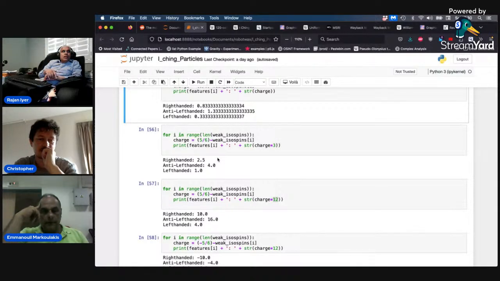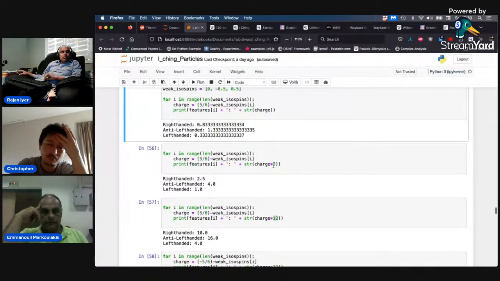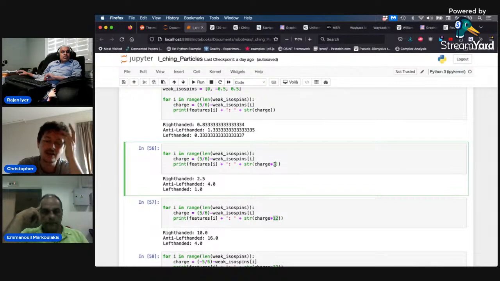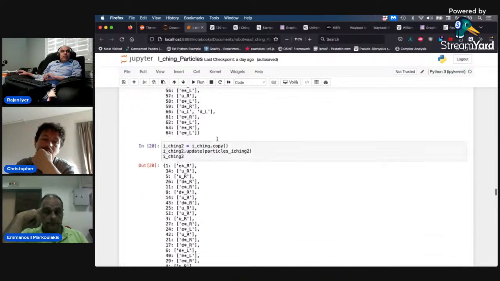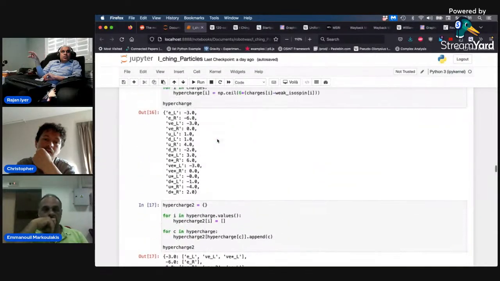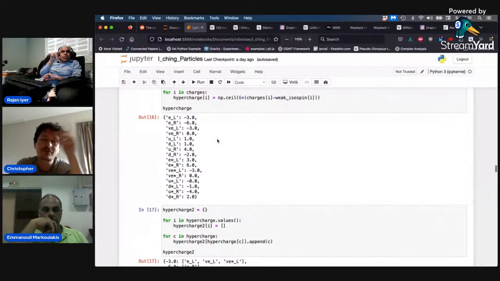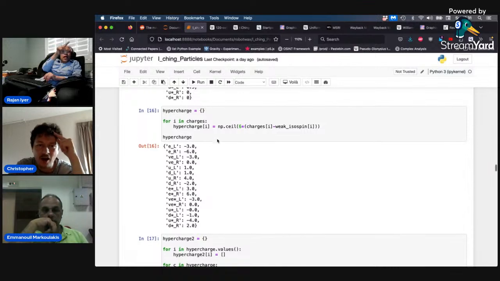Yeah, but they just chose a single number. They just take the charge, multiply by 3. So you're saying you can multiply by 2, then you get 5, 8, and 2, something like that. Yeah, but you have to multiply by 3 first.